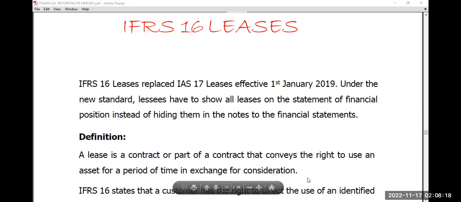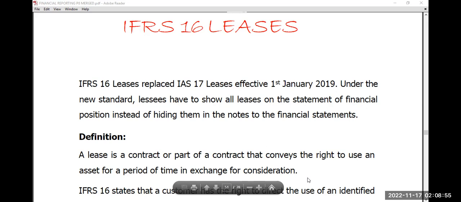Because if you are talking about these leases, however much they are divided into different types, as we are going to be looking at them, when you are trying to look at these leases, we are trying to look at some of the non-current assets that can at least stay for a long period of time.